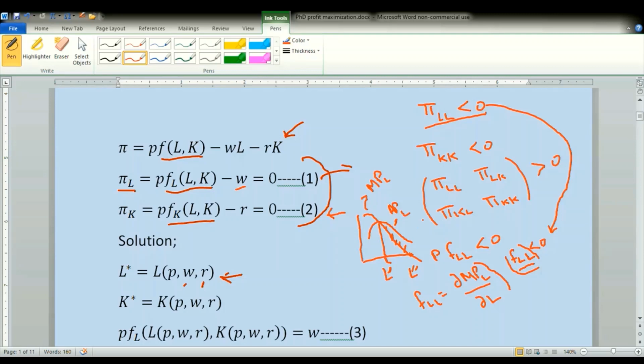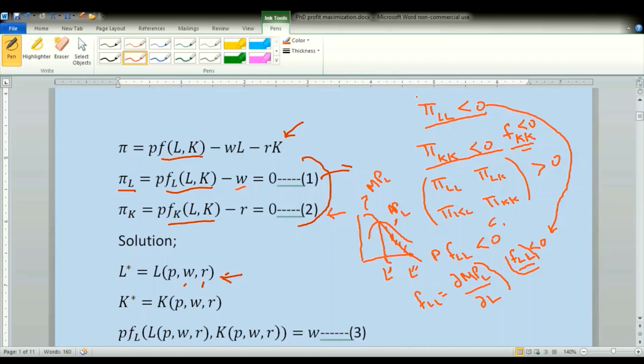Not only with respect to labor but also with respect to capital, because pi KK less than 0 similarly means that the derivative of the marginal product of capital with respect to capital is less than 0. On these same grounds, you can conclude this as well.